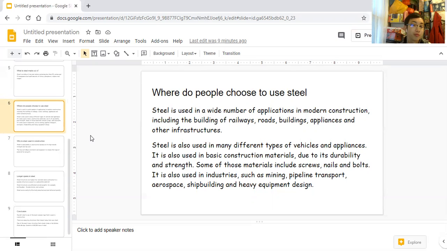Steel can be used as big as building a bridge or as small as a screw or a nail. A steel nail can be very good because it's very strong, which allows it to hold other stuff or material in place.